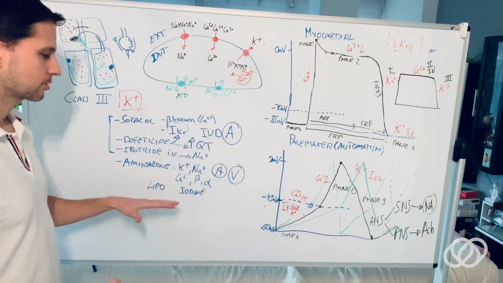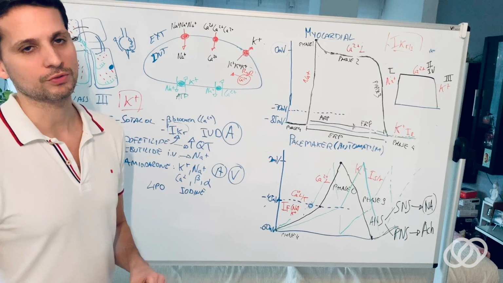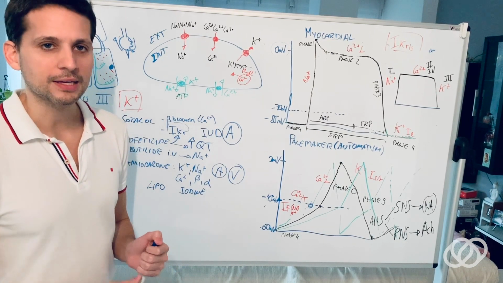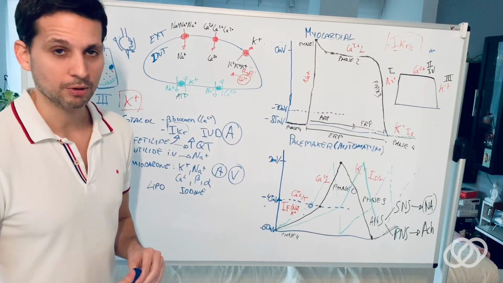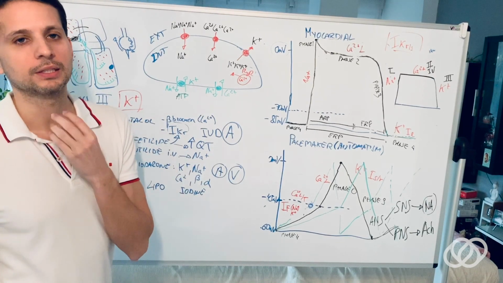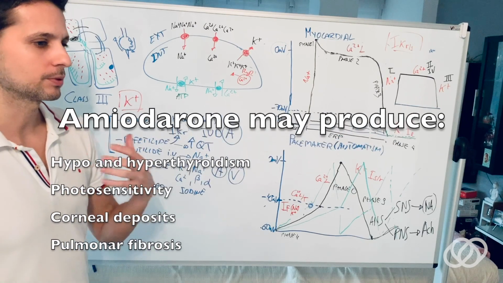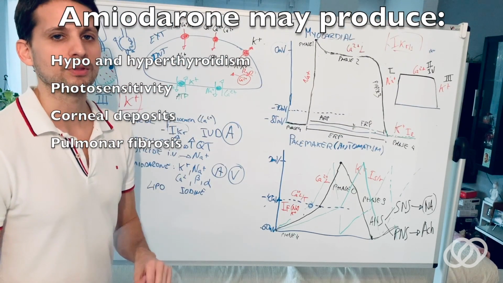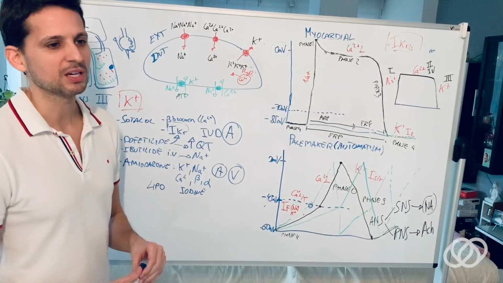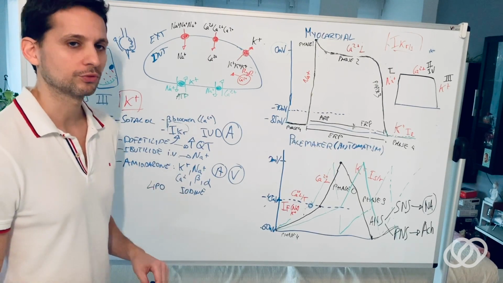So amiodarone can store in the skin and can produce photosensitivity, it can also store in the eyes and can produce corneal problems, and because of this iodine molecule it can produce problems in the thyroid, and also can produce problems in the lungs with pulmonary fibrosis. So the problem with amiodarone is that we have to be very careful if we use it long term.